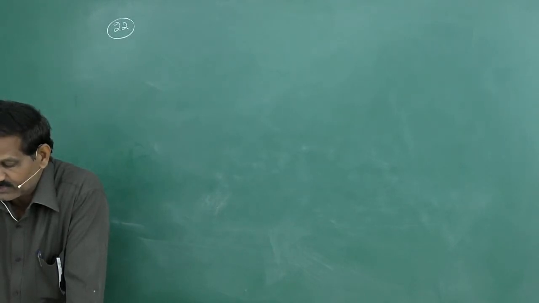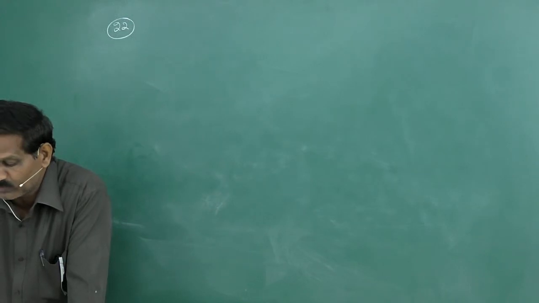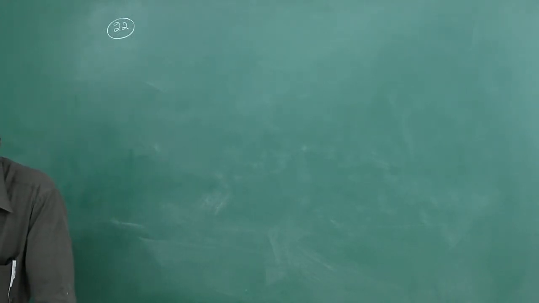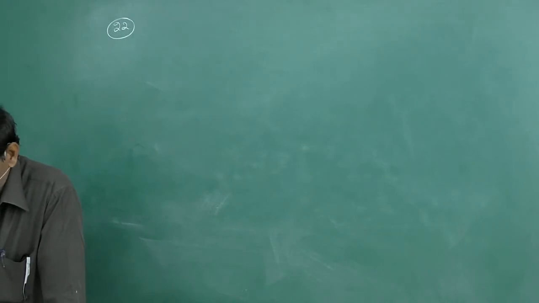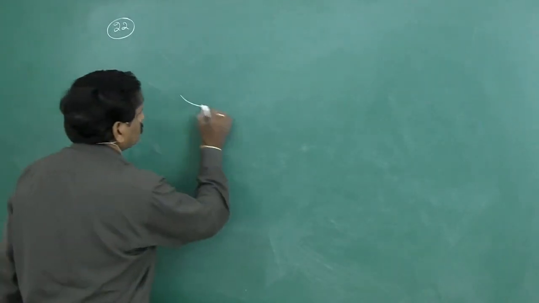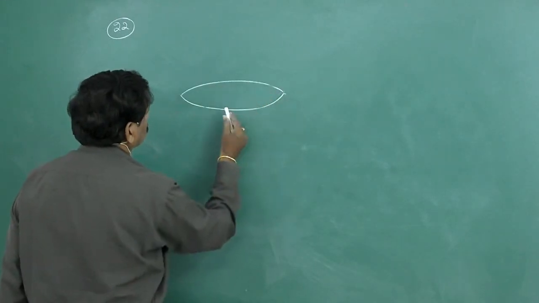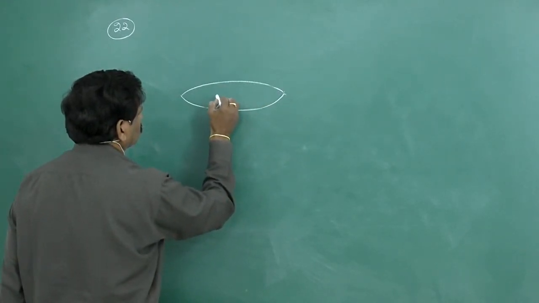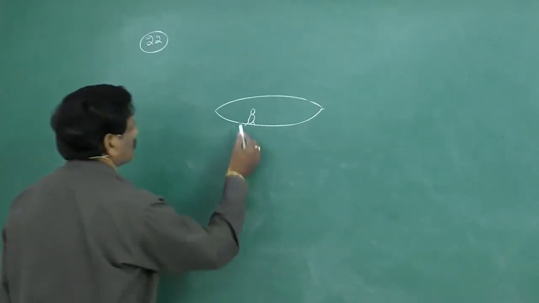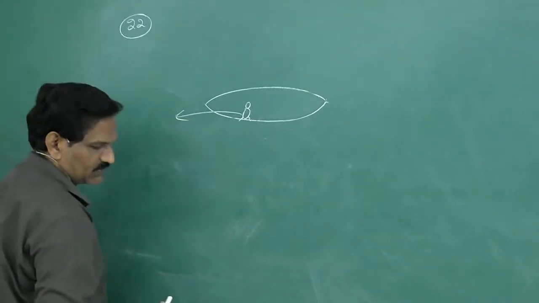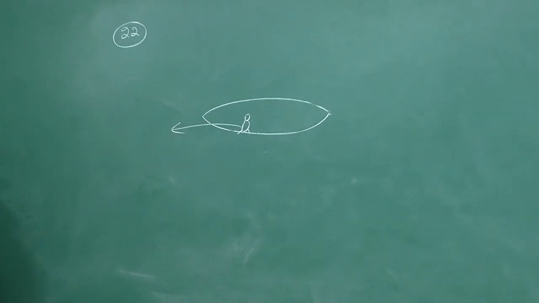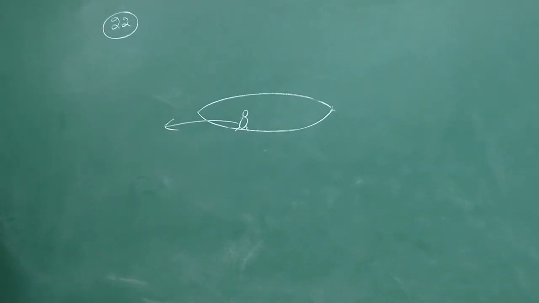So, a person of mass 50 kg jumps out of a rowing boat of mass 300 kg onto the bank with a horizontal velocity of 3 meter per second. With what velocity does the boat begin to move backwards? So, this person jumps into the water like this, out of the rowing boat.